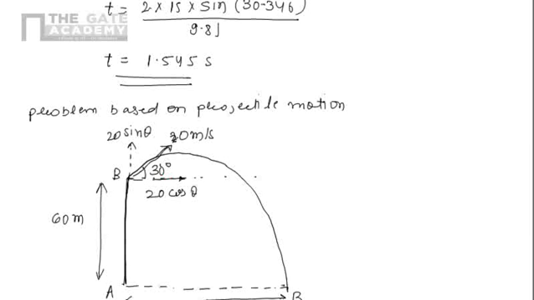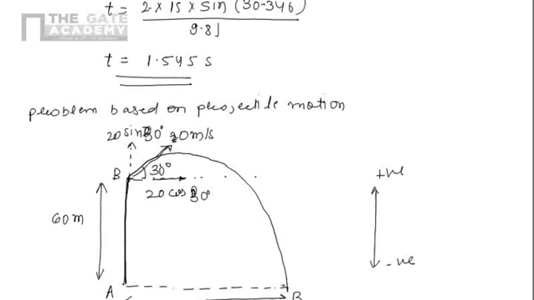Cos theta, so theta is 30, so we can write cos 30. 20 sin 30 is in vertical direction, 20 cos 30 is in horizontal direction. Now we have to see our sign convention. We know our sign convention here: upward positive, downward negative.